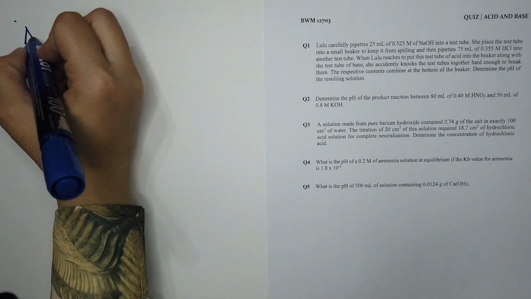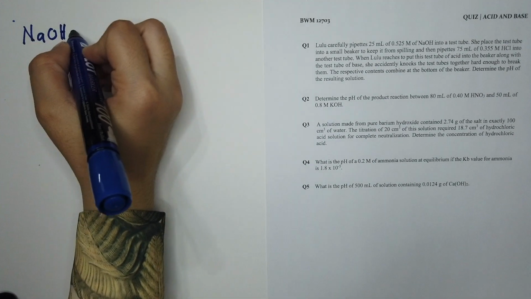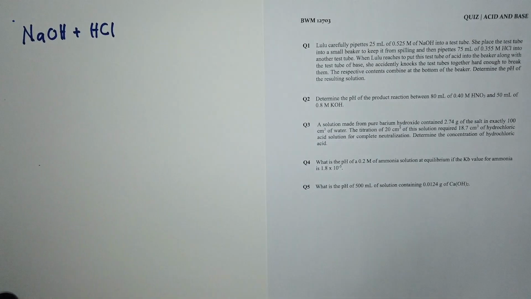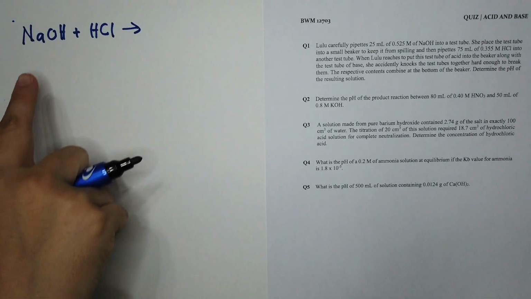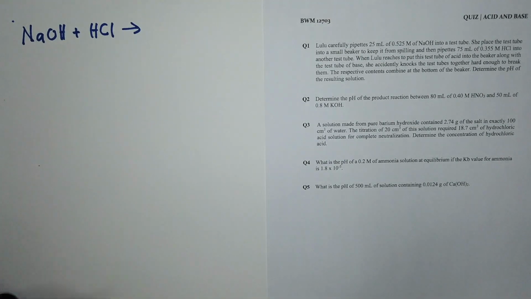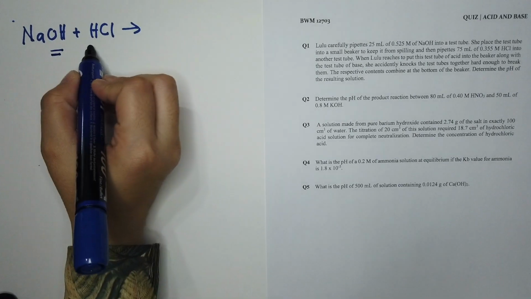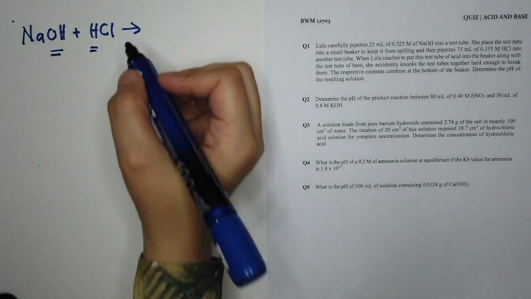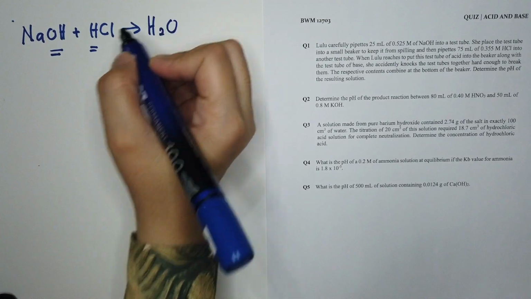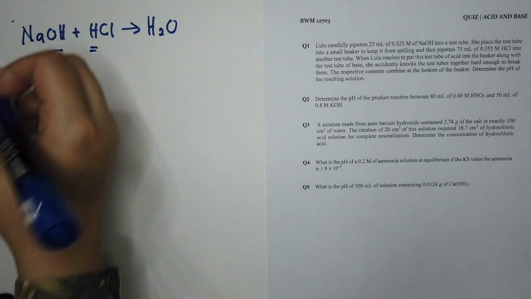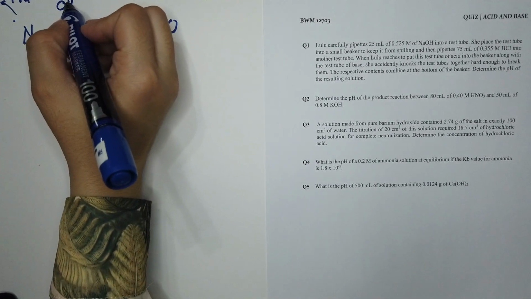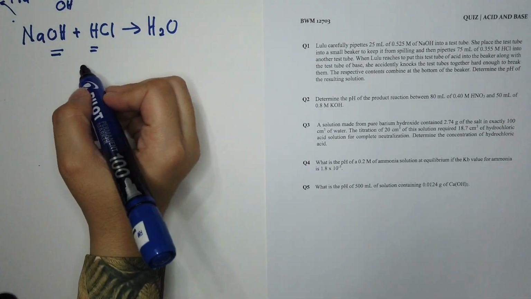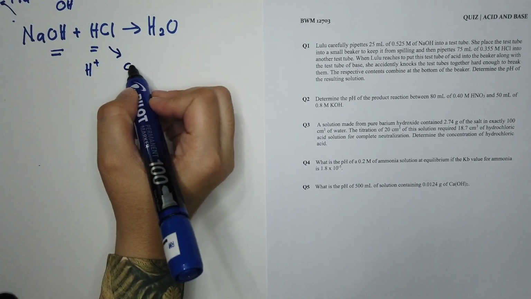So basically you have NaOH plus HCl. And then what is the product? Usually when you have a base and an acid, that is a neutralization process. So you're going to create water, H2O. Then you have Na plus and OH minus, and H plus and Cl minus.